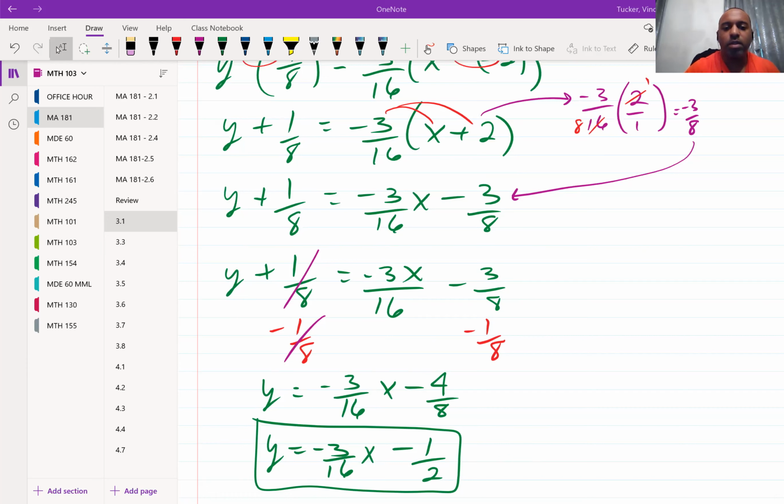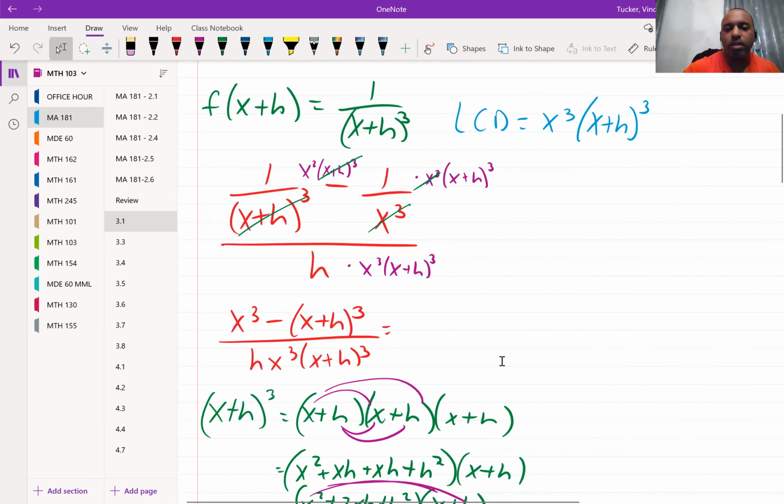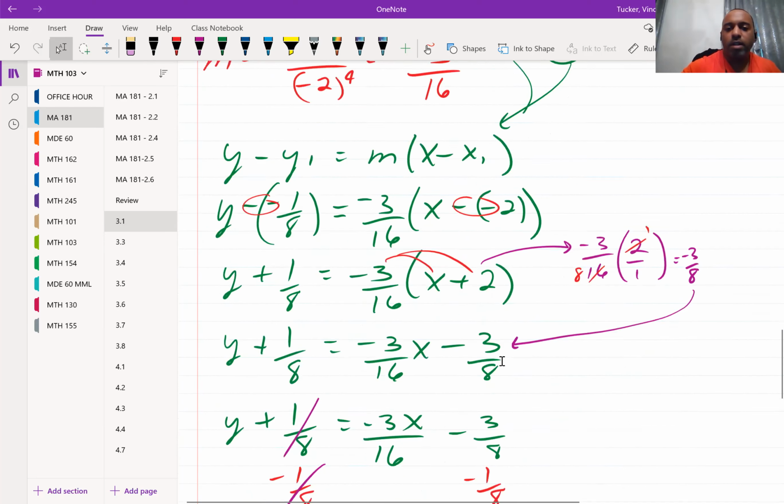Negative 1/3, that's right. Okay, cool. Yep, got it right. That was positive x, 1 over x cubed, right? Yeah, okay, cool.